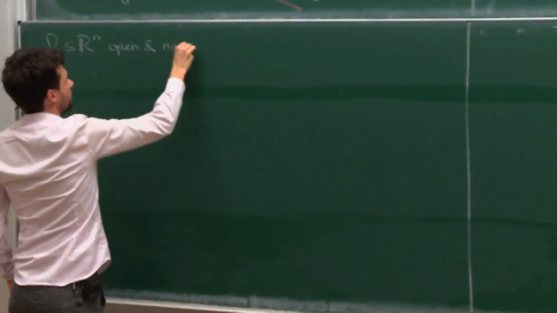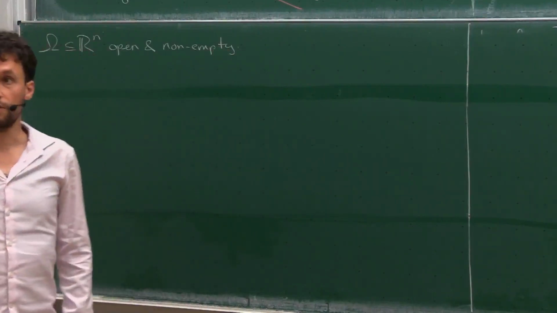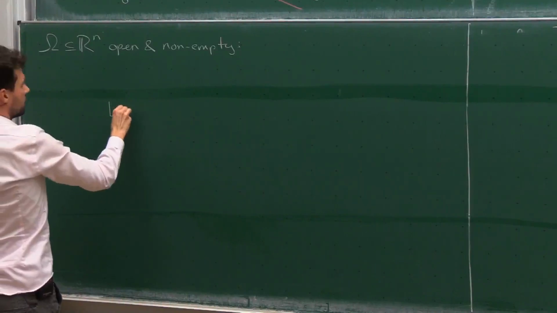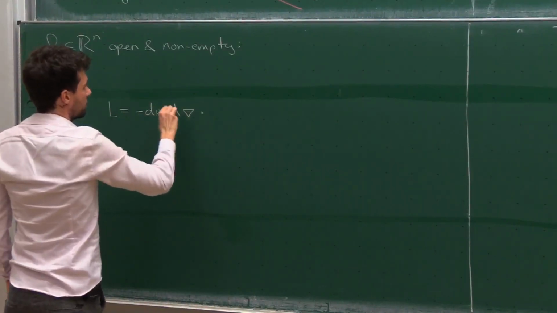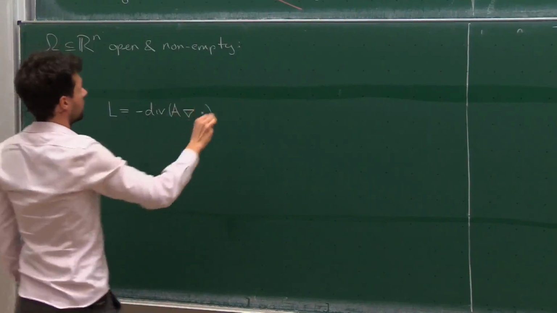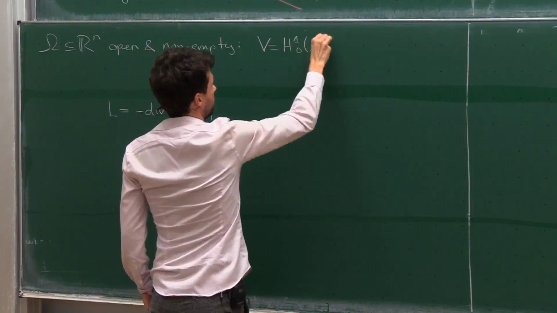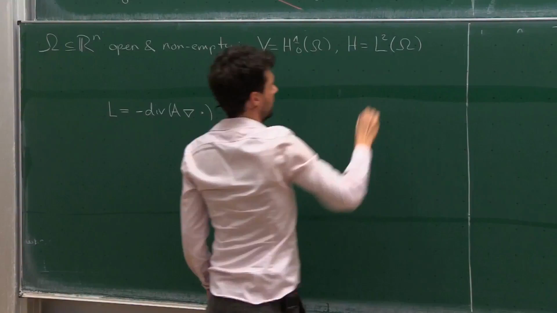So I work on Omega in R^n, open and non-empty. Now I take 2 divergence form operators. I'm going to take L to be any of our divergence form operator guys with form domain H01 omega in the Hilbert space L2 of omega.